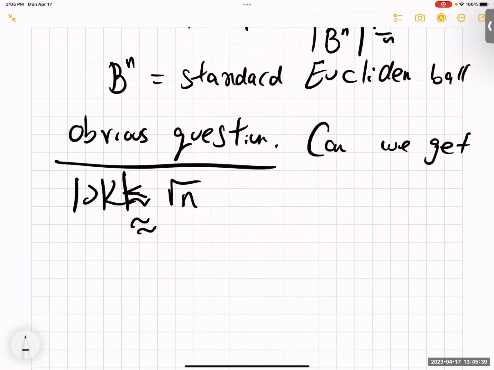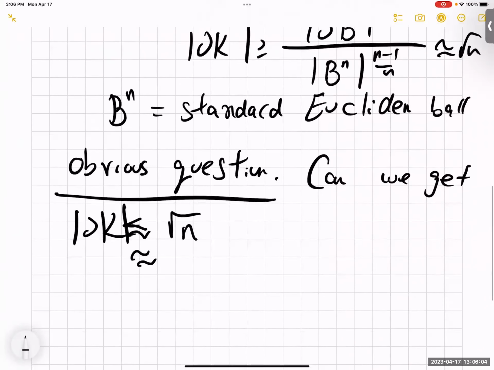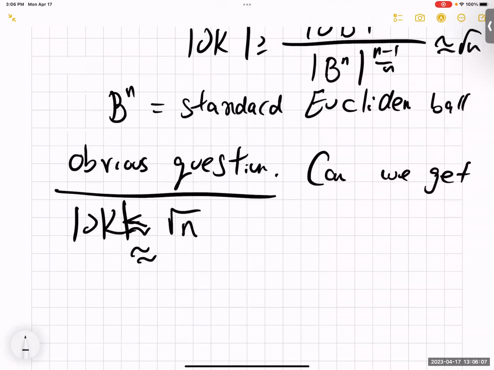I personally would be very happy if the answer is no, that you cannot get it, but I see no reason to expect that, and maybe there is a construction which gives root n. All I can say, when we go over the proof and discuss this, is that I don't think it's going to come from the way we're proving this. Maybe there's a way to prove that you cannot get it exactly to be root n, and that would be even nicer in my opinion.